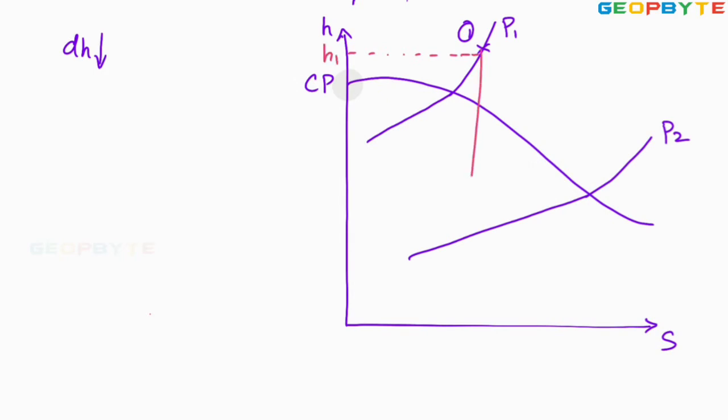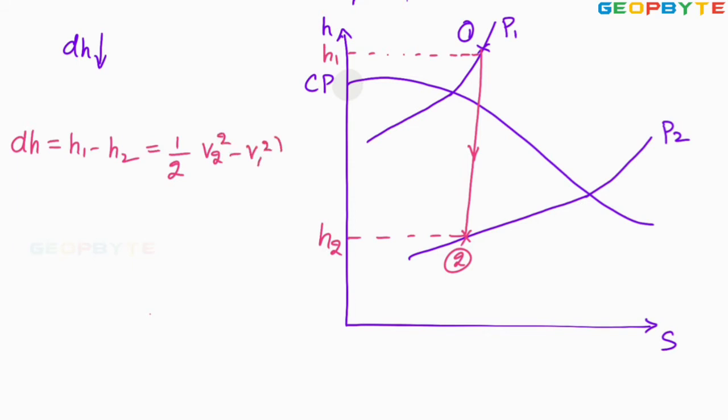The steam is expanding through the nozzle isentropically to P2 pressure. This is state 2, where the pressure of the steam is P2 at an enthalpy H2. Here the enthalpy drop in the steam, dH, equals H1 minus H2. This drop of enthalpy is converted to kinetic energy. Per kg, it is equal to half into V2 square minus V1 square.